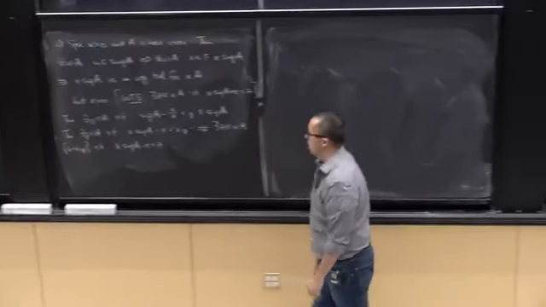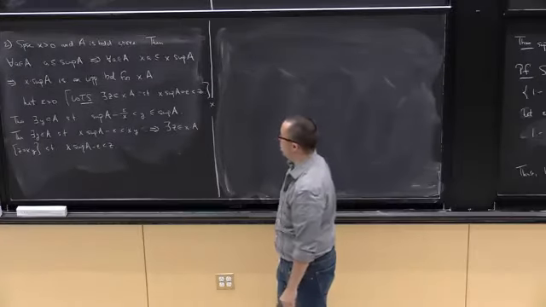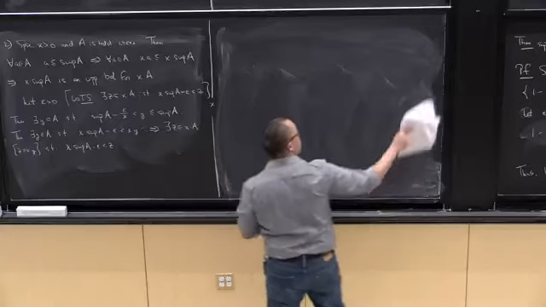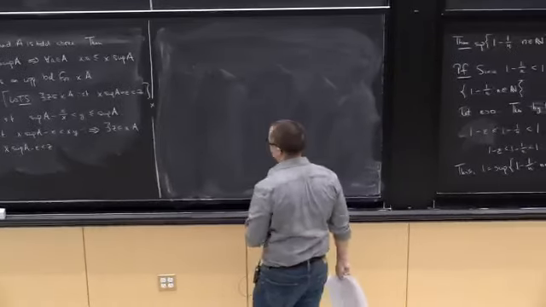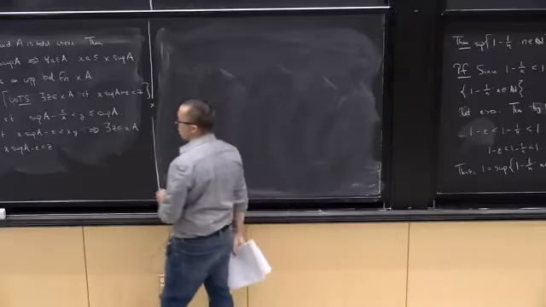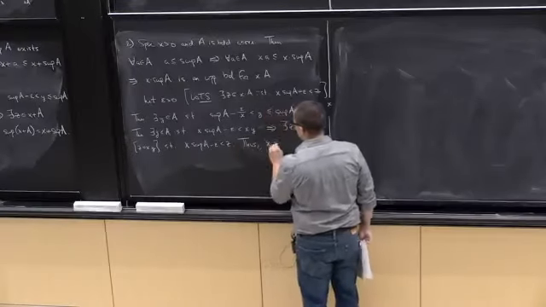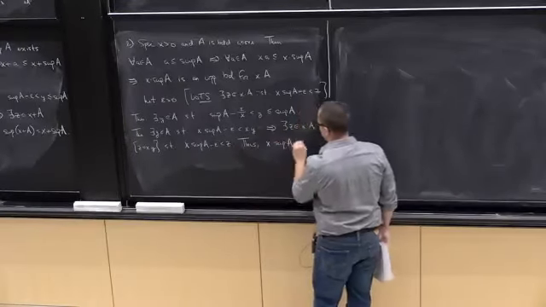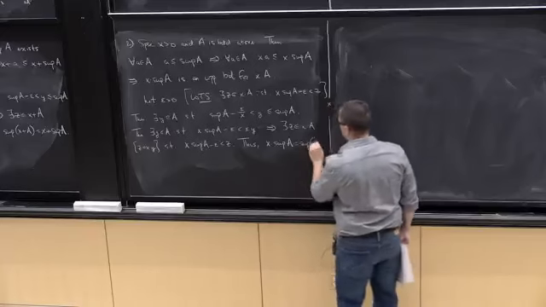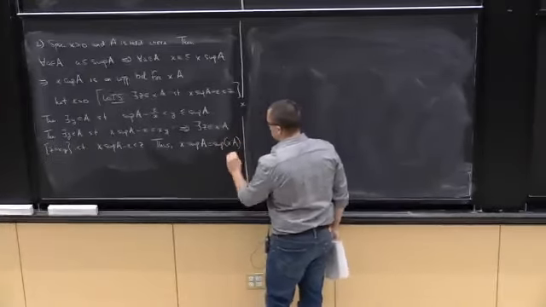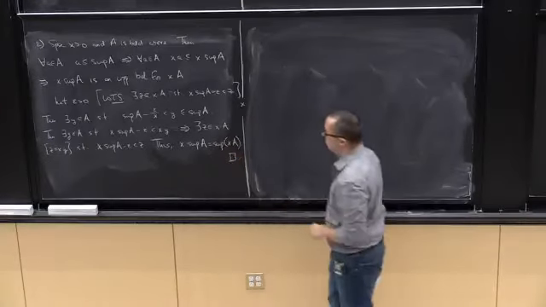And therefore, x times sup A satisfies the second epsilon property with respect to the set given by x times A. And that's the end. Okay?